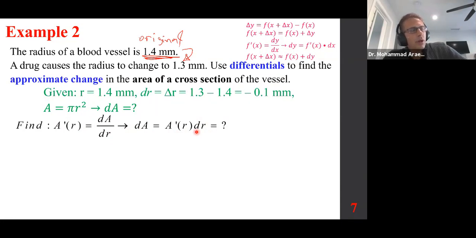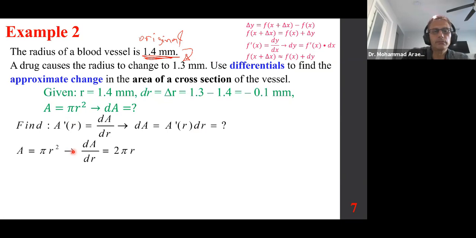And so the derivative of pi r squared gives us 2 pi r. So what is dA? The same thing times dr. And now plug in r is 1.4 millimeters.